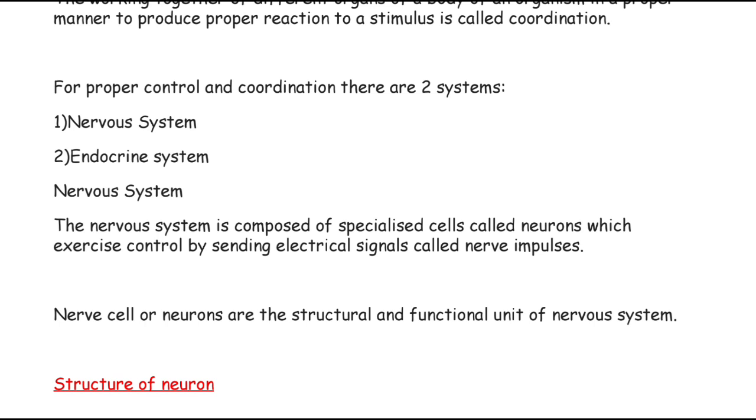Next, nerve cells or neurons are the structural and functional unit of the nervous system. This is an important point.